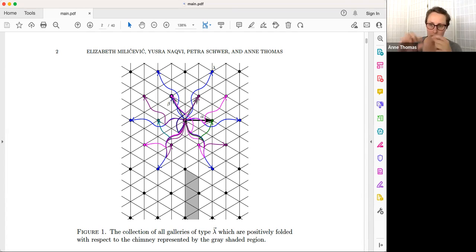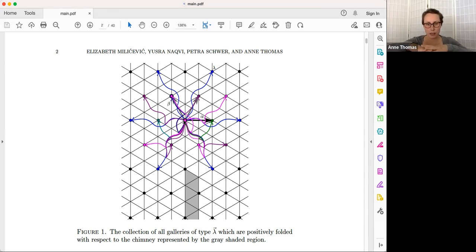In a building, each of the three edges of any given triangle has the same type, and the action of the affine Coxeter group preserves type. So the combinatorial information includes the types of the edges which are crossed, and all of these blue galleries are minimal galleries of the same type, so they're as short as you could be to get from this origin up to lambda, or these other images here.